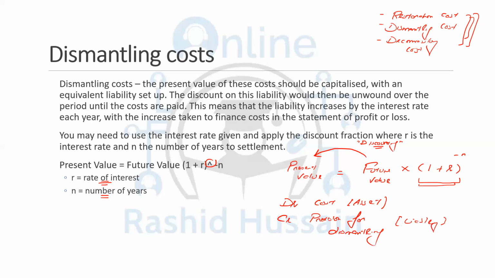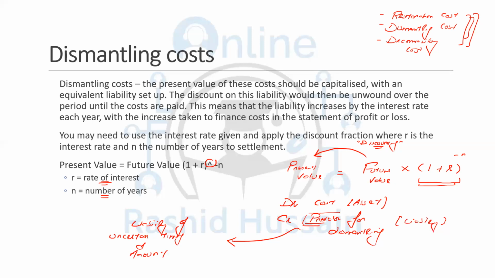Now, why am I not writing it as a liability directly, why am I calling it a provision for dismantling? Provision is defined as a liability of uncertain timing and amount.